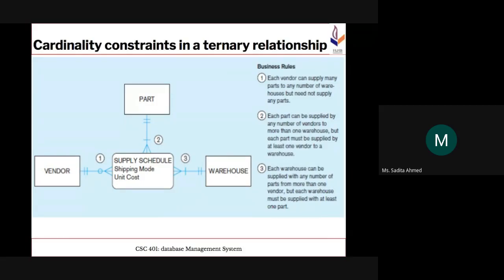However, vendor ID, part ID, warehouse ID, we can make some predictions regarding that, or we can specify some things regarding that. But vendor ID, part ID, warehouse ID alone, they're not going to be unique in the supply schedule table. Combined together, they will be.